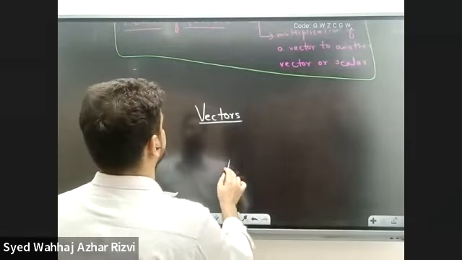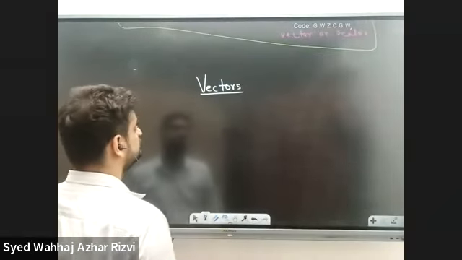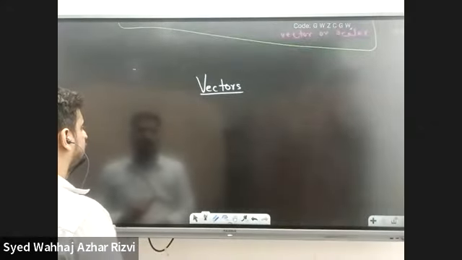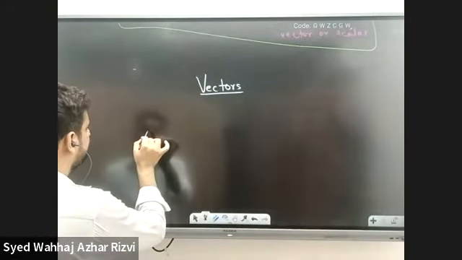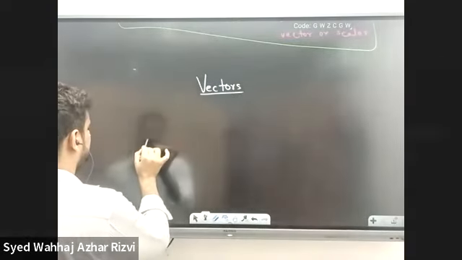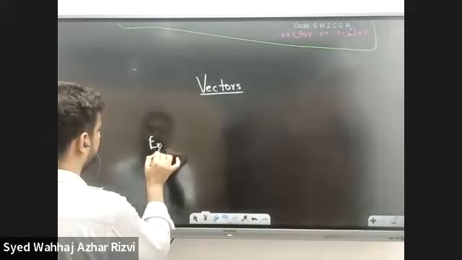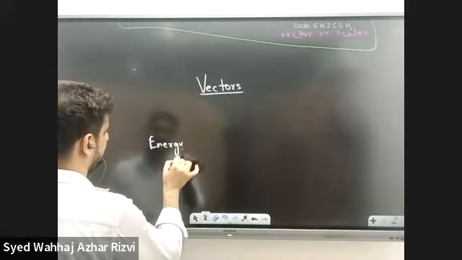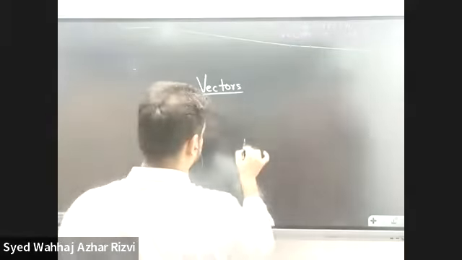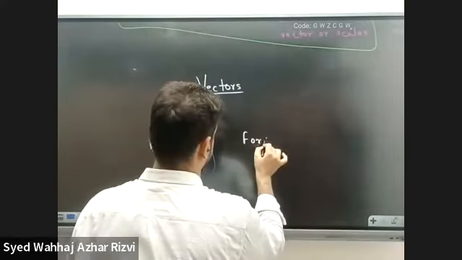So vectors, we are going to deal with the idea of vectors. We know about some physical quantities like energy. Energy is a physical quantity. And then there is another physical quantity known as force.